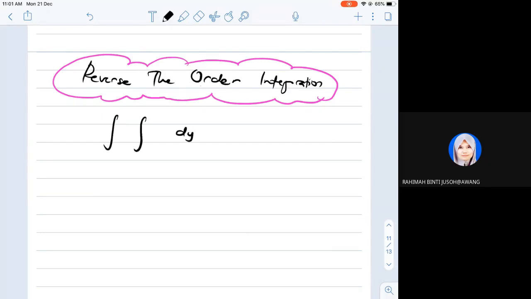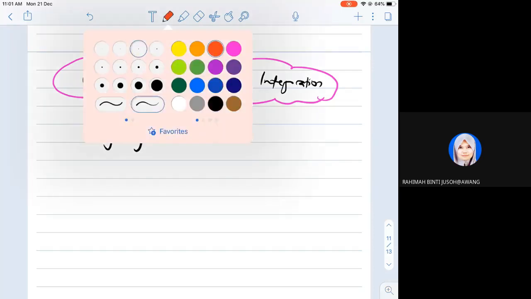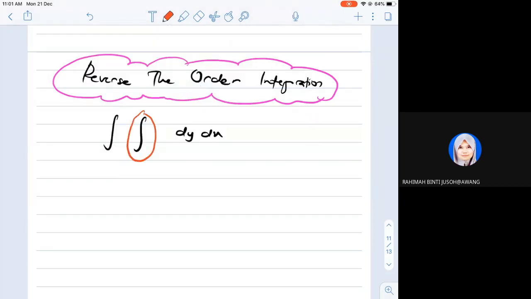If you have dy dx, this is the limit. Here should be lines, and here should be points. And then from bottom to top. The arrow must be from bottom line to top.